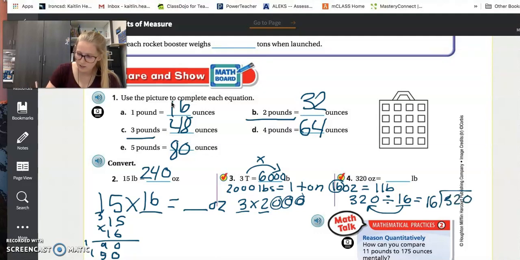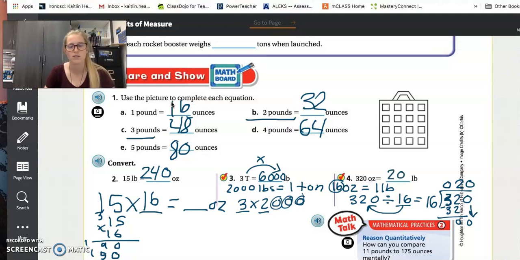If I break those up, how many pounds will I get? Well, I know that 16 is too big to go into 3, but I can make a group of 16 out of 32. I can actually make 2 groups. 2 times 16 is 32. 0. And 16 goes into 0 0 times. So 320 ounces equals 20 pounds.